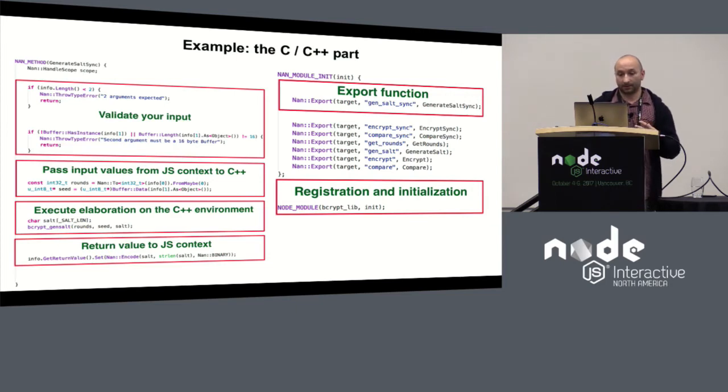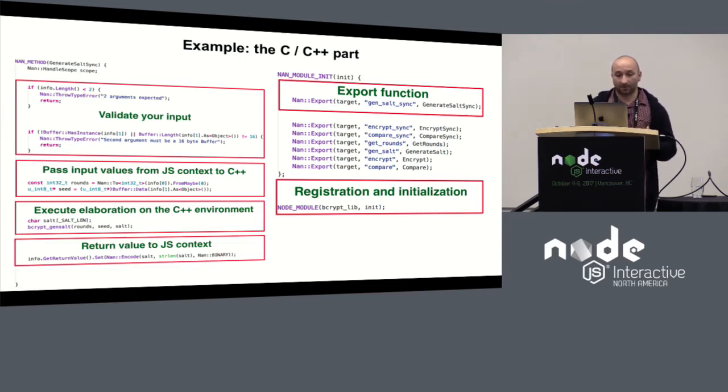When the add-on is requested, Node will ensure that the init function is called. And in the init function, we export our functions object, all we need. Here, in the example, I exported gen_salt_sync, and all the native code responsible for this function is GenerateSaltSync. What happens in this method?